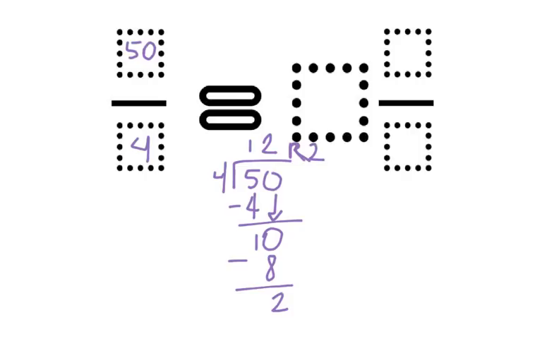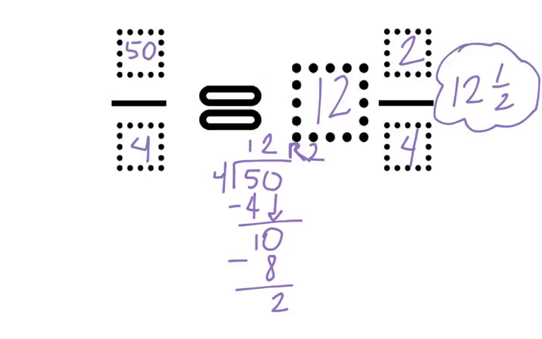All right, so you should have gotten 12 with a remainder of 2. Yet again, we have a 2-digit whole number. So we have 12 and 2/4, and if I wanted to write it in simplest form, I would say 12 and 1/2. Either one of those works.